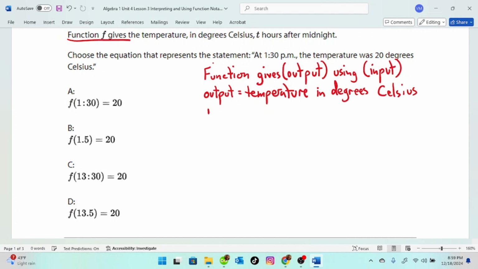And that means our input is hours after midnight.